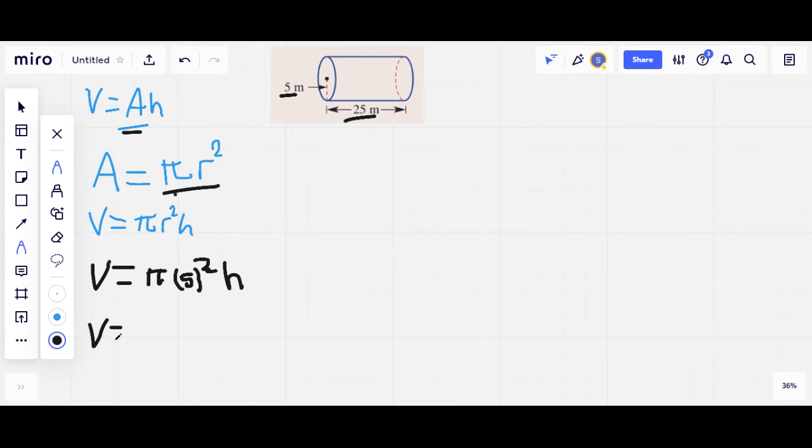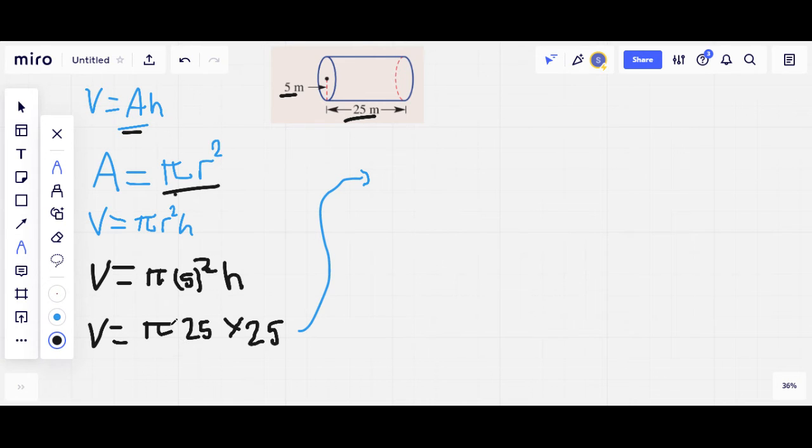So rewrite that as V equals pi, 5 squared is 25, and then our height is also 25, so let's multiply that by 25. So I'll move this up to the top here.